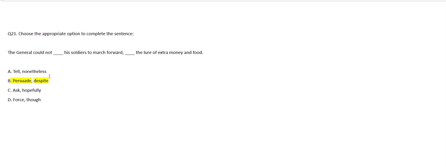Sometimes there will be questions where they give "of" here, and they will give despite as one option and another option in spite. What is the difference? Despite means in spite of.